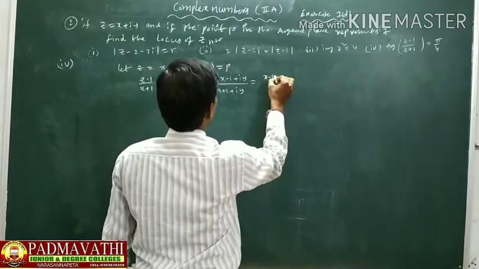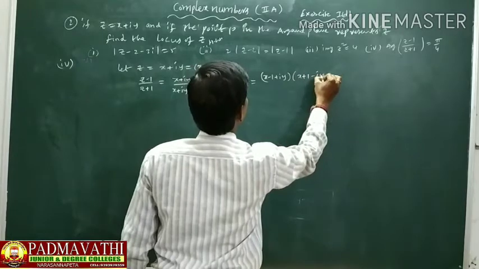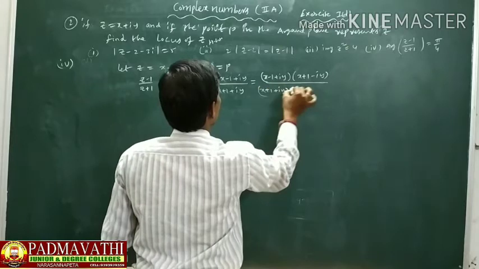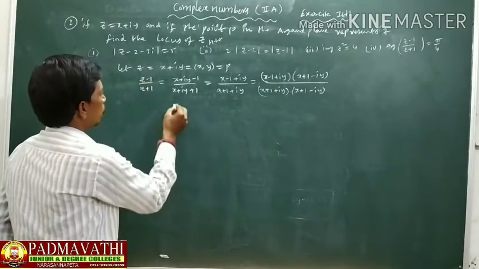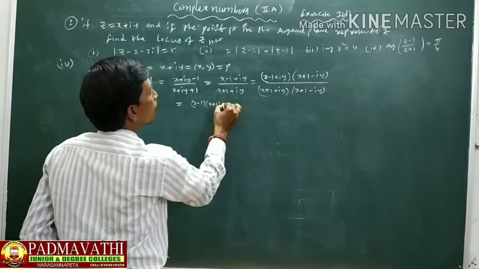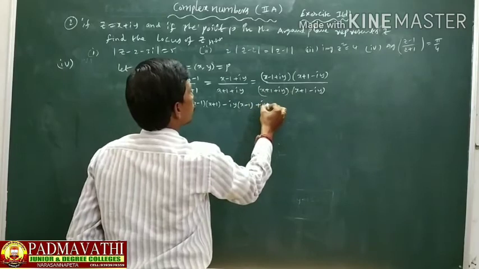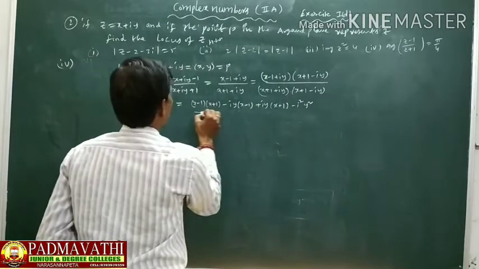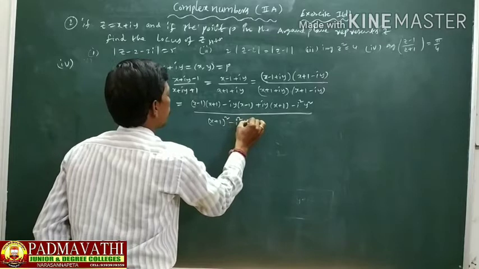Let's multiply (x minus 1 plus iy) by (x plus 1 minus iy), over (x plus 1 plus iy) by (x plus 1 minus iy). Multiplying these, we get (x minus 1)(x plus 1) minus iy(x minus 1) plus iy(x plus 1) minus i square y square, whole by (x plus 1) whole square minus i square y square.